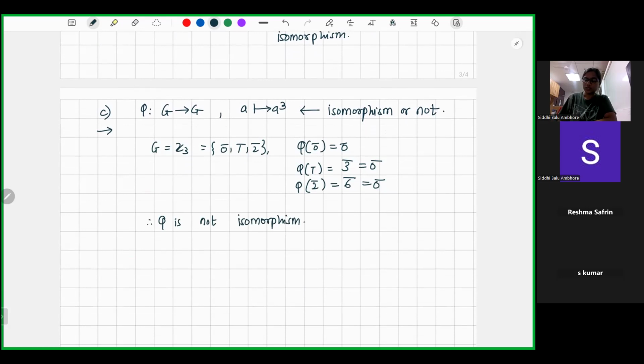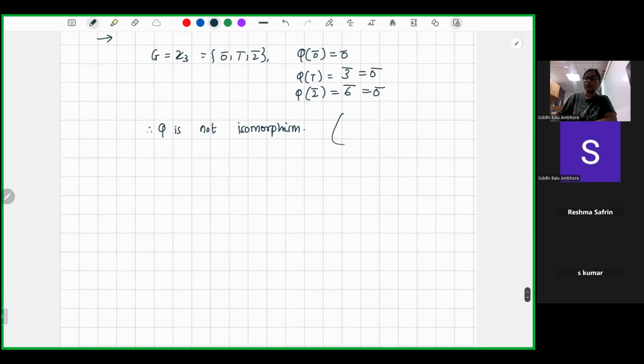for this G. Okay, and in general, you can take G equal to S3, and then we have 3-cycles, and in that case those 3-cycles will go to the identity element, and then again it will not be an isomorphism. So that's it.